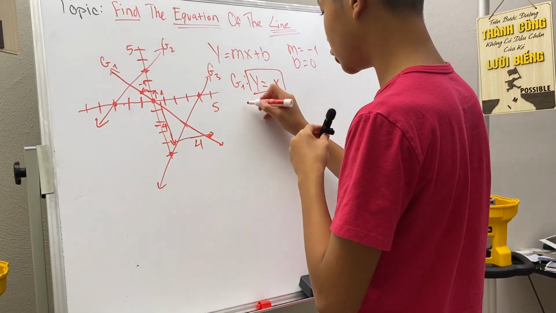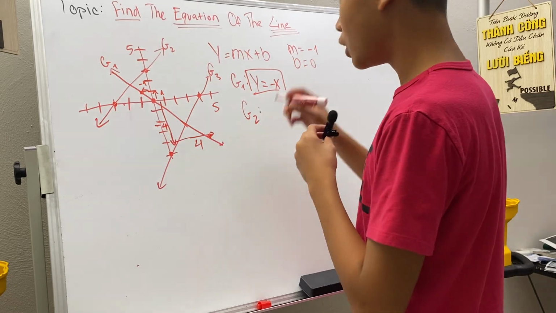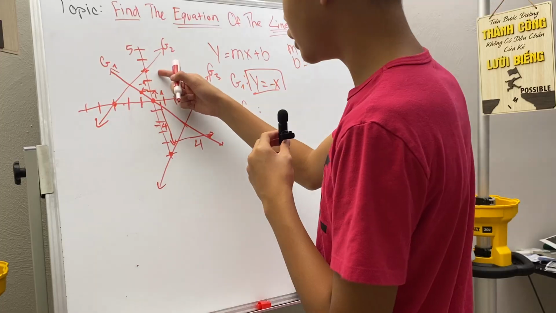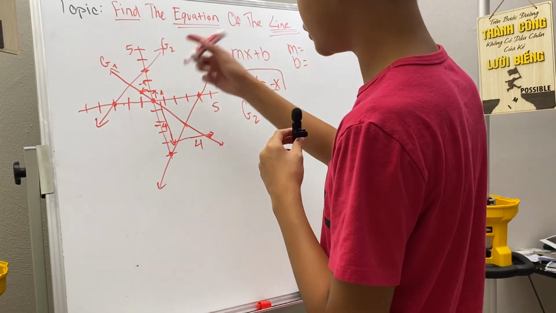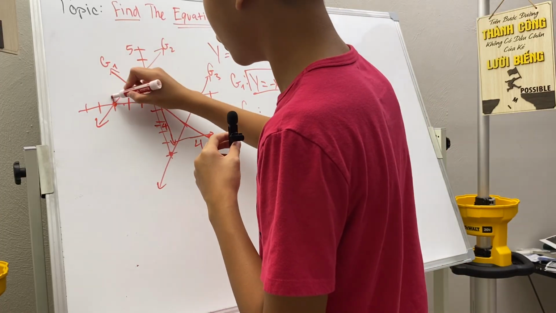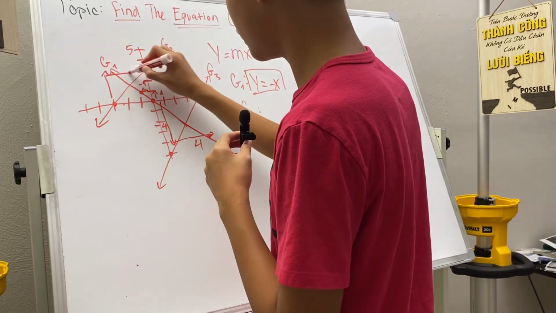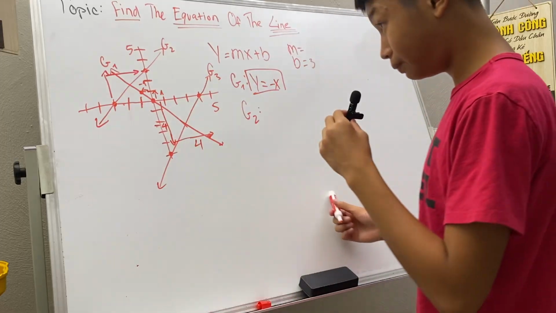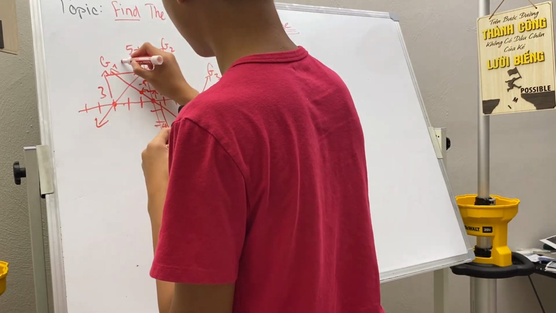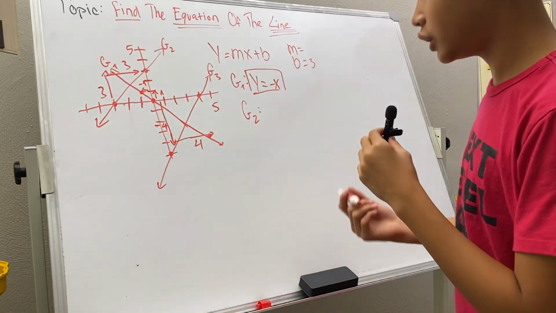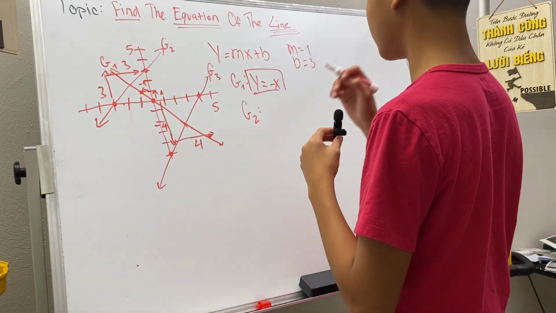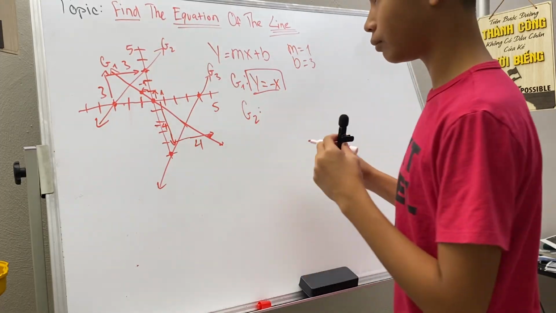Let's move on to graph number 2. You can see the y-intercept is positive 3. To get from this point, you rise up 1, 2, 3, and go over 3. So you see, it's still 1. So this graph is 3 over 3, which is 1.